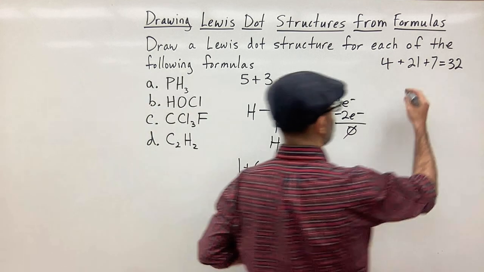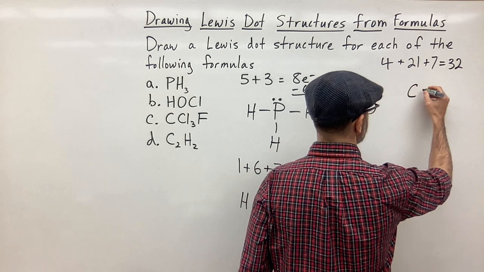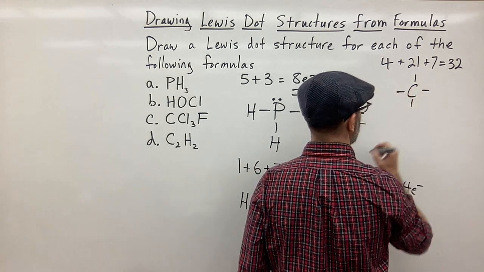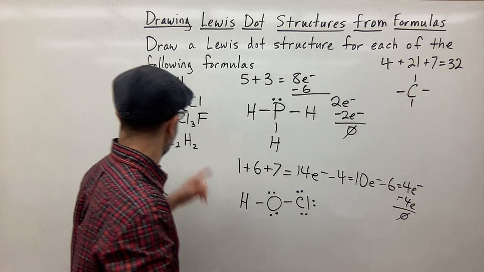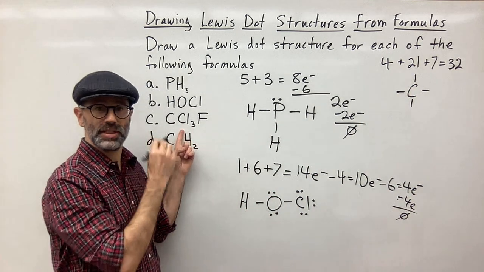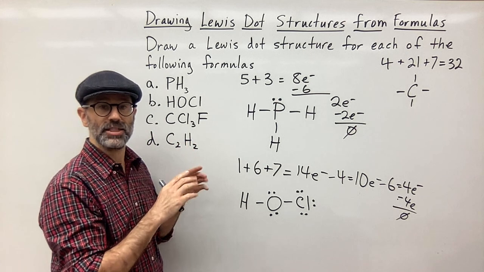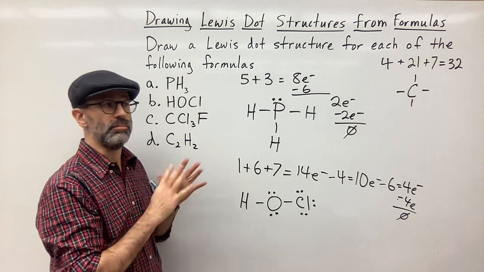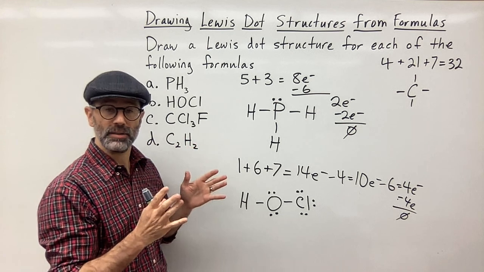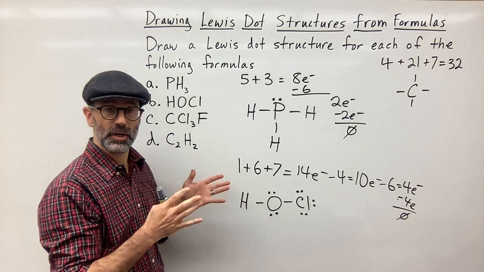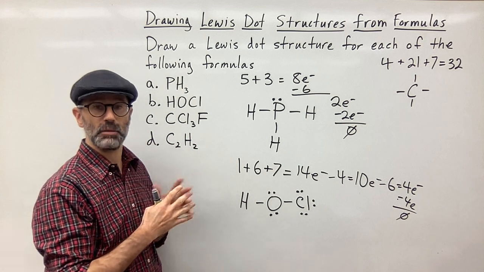So we're going to set up our skeletal structure like so. Again, I want to remind you, you could do the Lewis symbol that I did before and see which element has the most unpaired electrons. The one with the most unpaired electrons would most likely be the central atom.